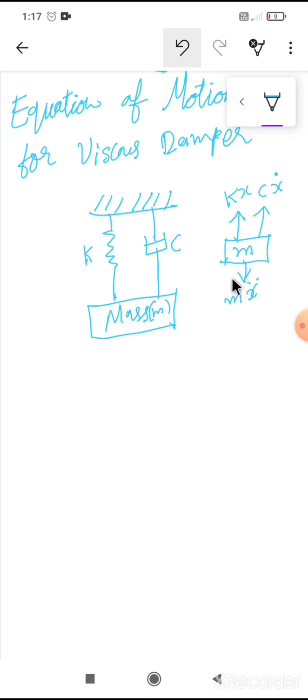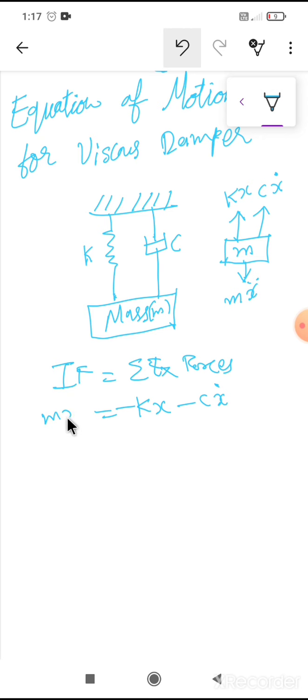If I take downward as positive and upward as negative, I can write that inertia force is equal to the sum of all external forces. So external forces are kx minus cx dot, and inertia force is mx double dot.